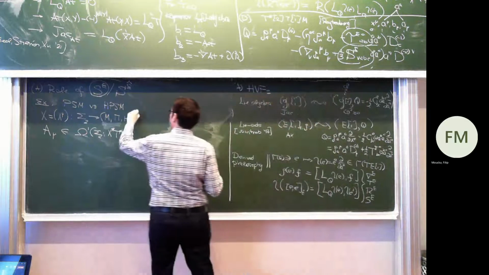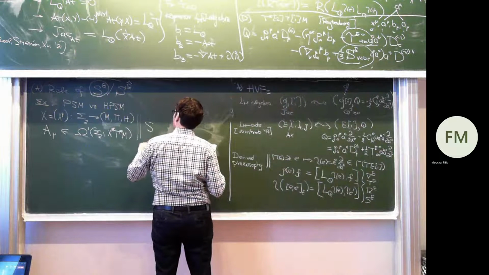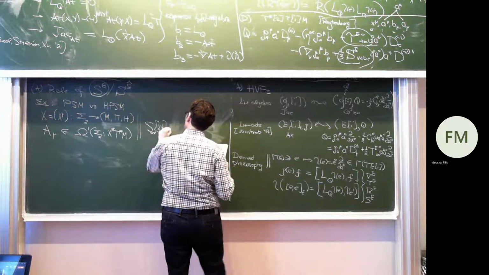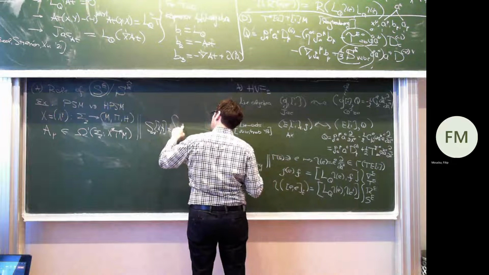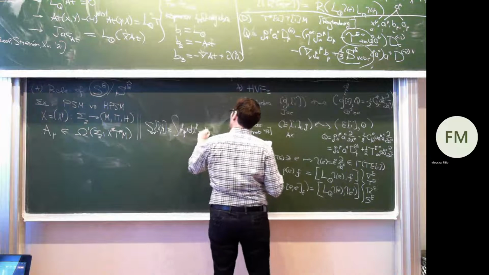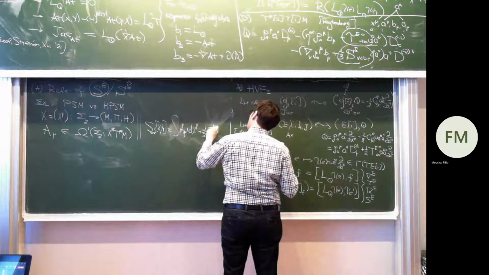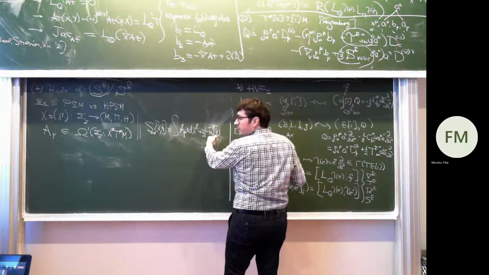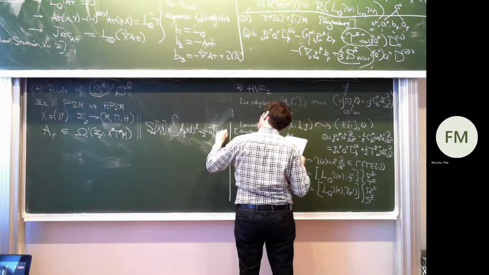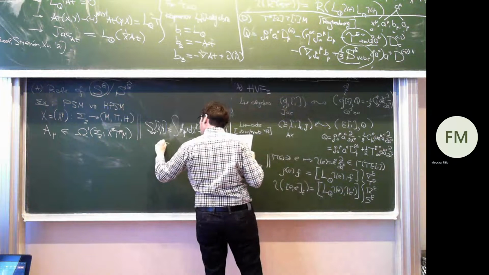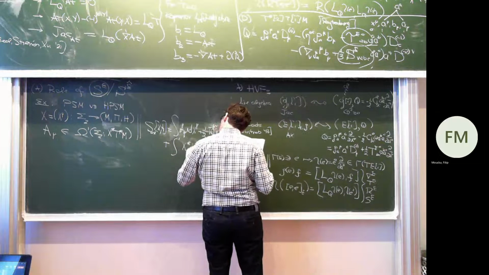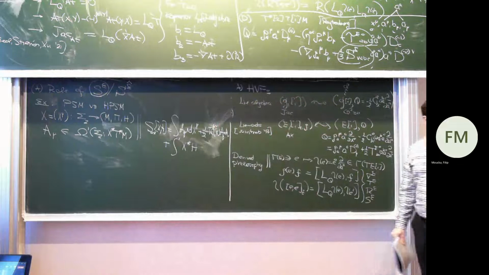And the theory has an action, the classical action, which is a function of X and A: A_mu dX^mu plus 1/2 P^{mu nu}(X) A_mu A_nu, where P^{mu nu} are the components of the Poisson structure, plus potentially a Wess-Zumino term, which is given by the three-form.